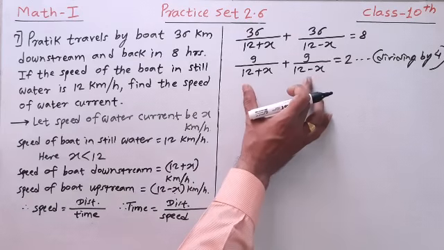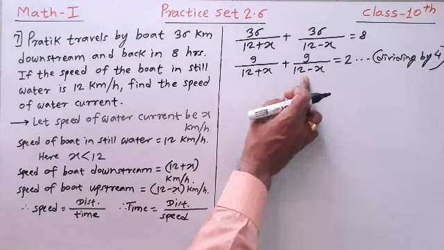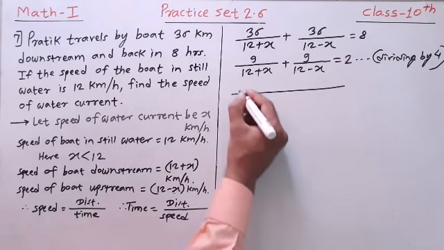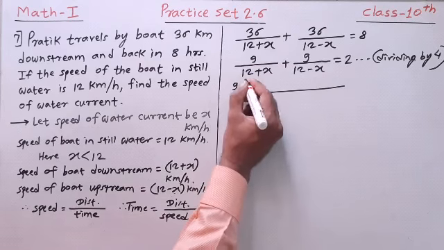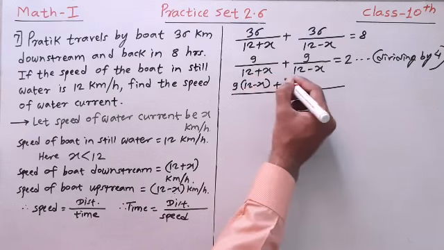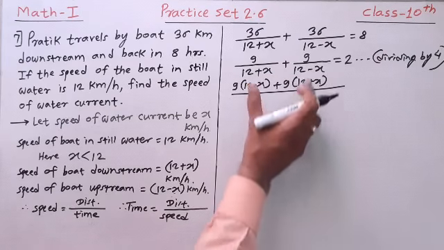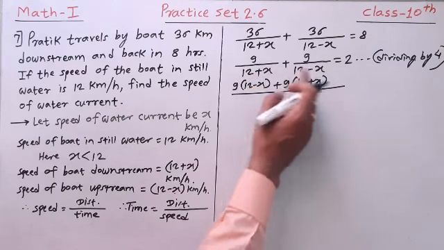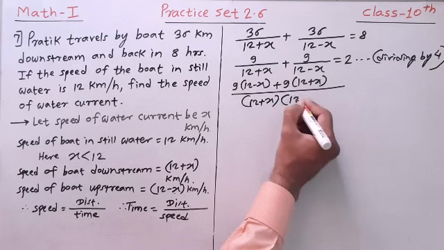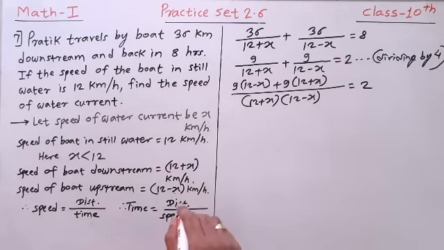Now addition of two fractions and denominators are different. So here cross multiplication can be done. Cross multiplication. 9 in bracket 12 minus x plus 9 multiplied by 12 plus x, and denominator will be product of these two, means 12 plus x into 12 minus x is equal to 2, right hand side.